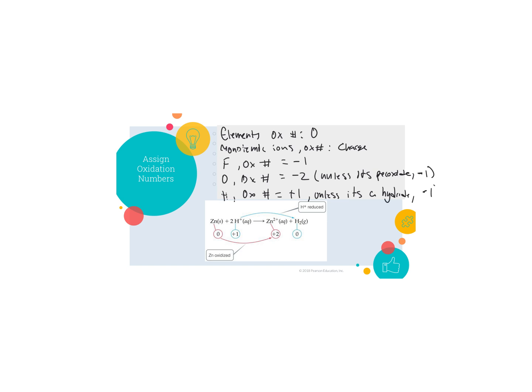then it is -1. And the most important thing to remember is the sum of oxidation numbers in a neutral compound is equal to 0.